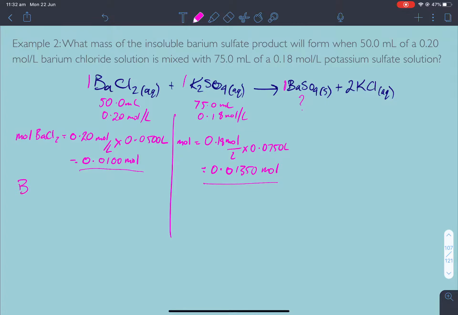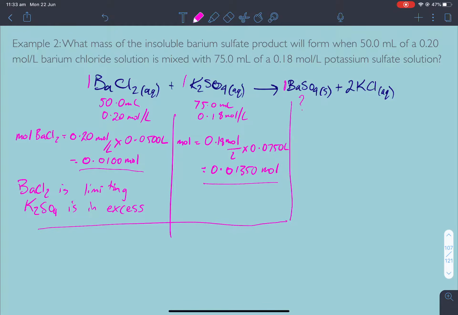So barium chloride is limiting, and the potassium sulfate is in excess. A nice easy one. Okay, the limiting reagent is going to dictate how much barium sulfate will form, because the reaction is going to stop once all the barium chloride has disappeared.